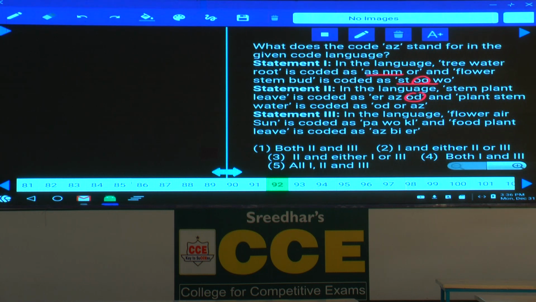In the next one, if you compare these two, AZ, OD is common, OR and AZ, OR and AZ. Tell me, is there any word which is common here? OR and OR is common. OR is common, OD is common, then finally we are left with AZ. As AZ is left over, we can identify the code for this one as well. Then what is your answer here? 1 and 2, and 2 and 3, that is choice 3.